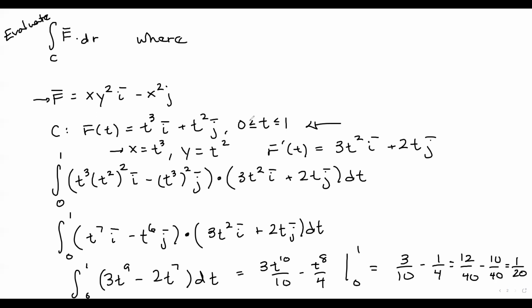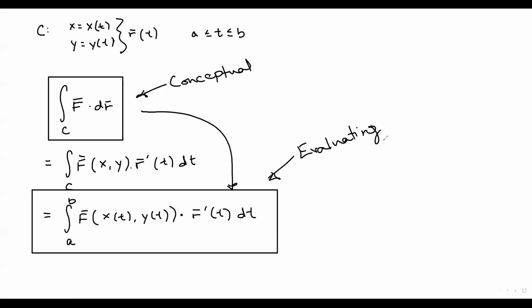That's the key to being able to understand and evaluate work integrals: this notion of translating from the conceptual form over into the evaluating form. You've got these two different formulas. This one is conceptual in the sense that it describes what the integral is.